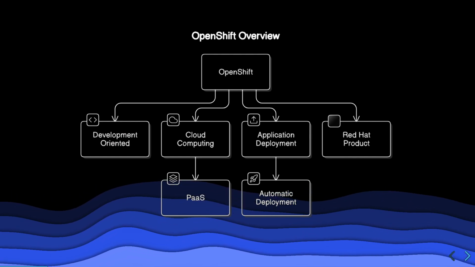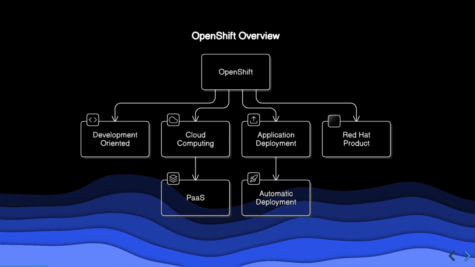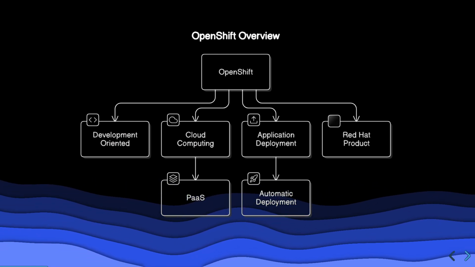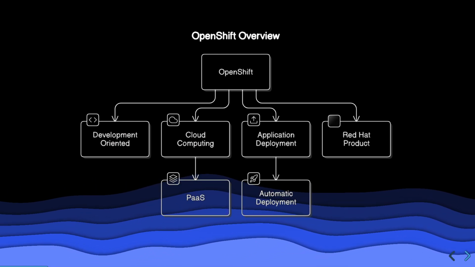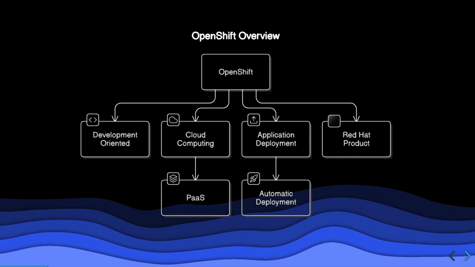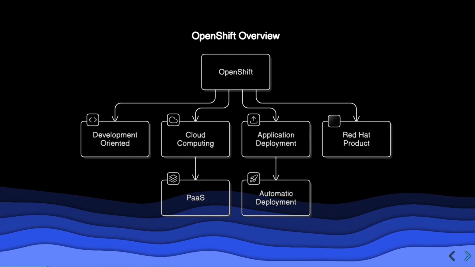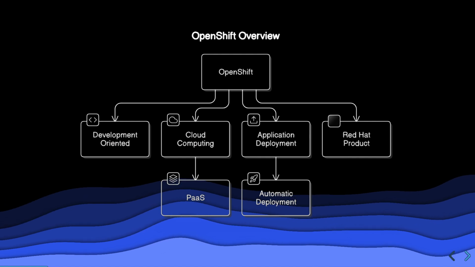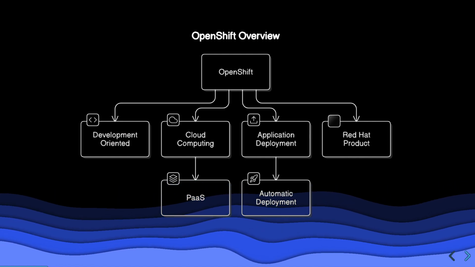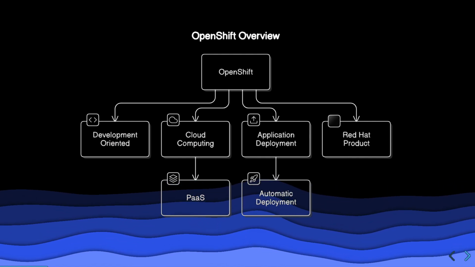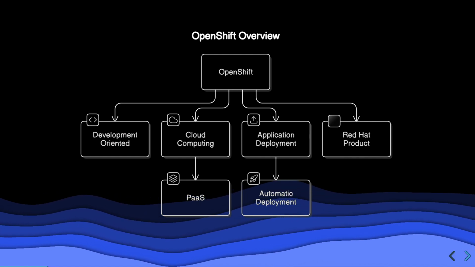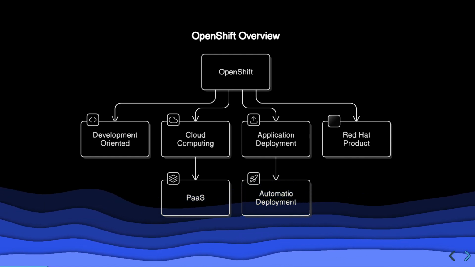But with a PaaS like OpenShift, the kitchen is already fully equipped and staffed. You just bring your recipe and let the platform handle all the cooking and serving. So it's like having a whole team of invisible chefs working behind the scenes to make sure my application is cooked to perfection and delivered to my users. Exactly. I love that analogy.